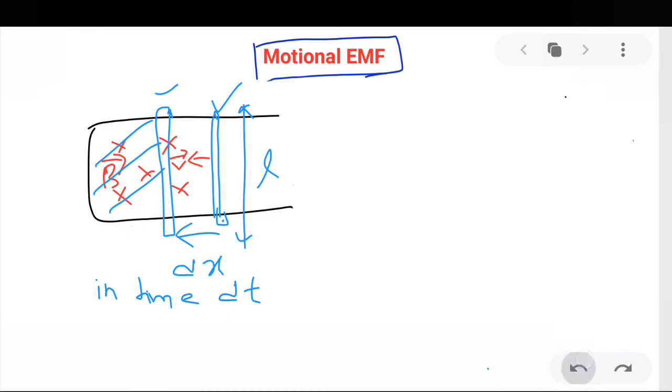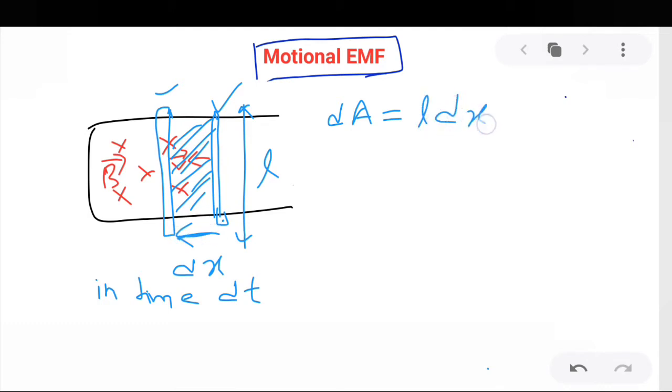So that means this is the change in area. How much area has changed? dA will be equal to the area of this portion. L is the length and this distance is dx, so it is L dx.